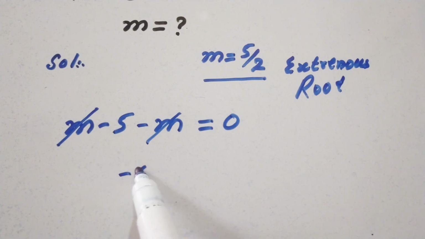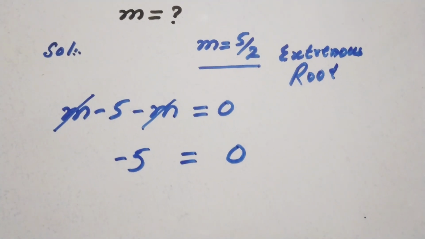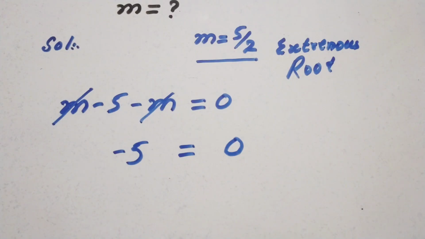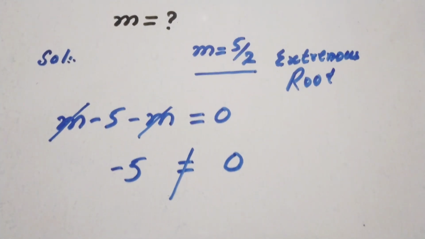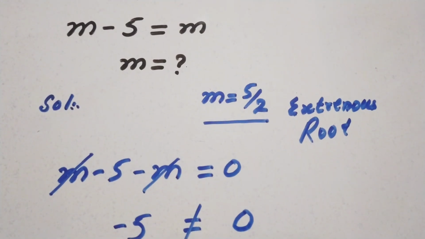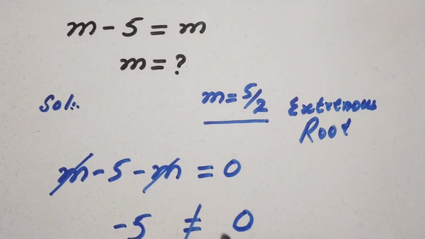We are left with minus 5, and at the right hand side we have 0. But it is obviously clear that minus 5 is not equal to 0. So the expression given is m minus 5 is equal to m. So this expression has no solution.